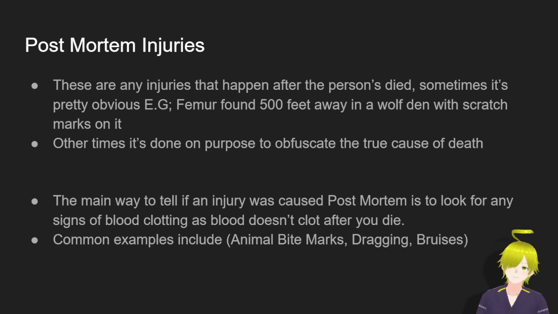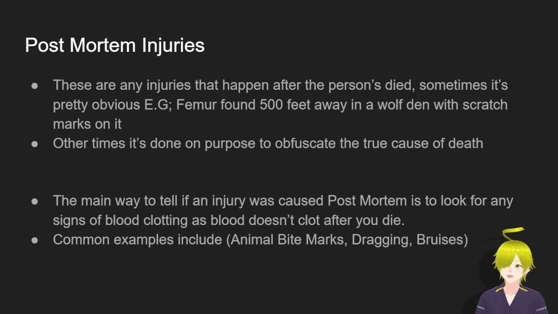Sometimes though, if you see someone with a gunshot wound but also strangulation marks, then one of those has to be postmortem, one of those has to be perimortem. Easiest way to tell? I say easiest because it's still not easy in the slightest. There's a lot of different factors at play here.